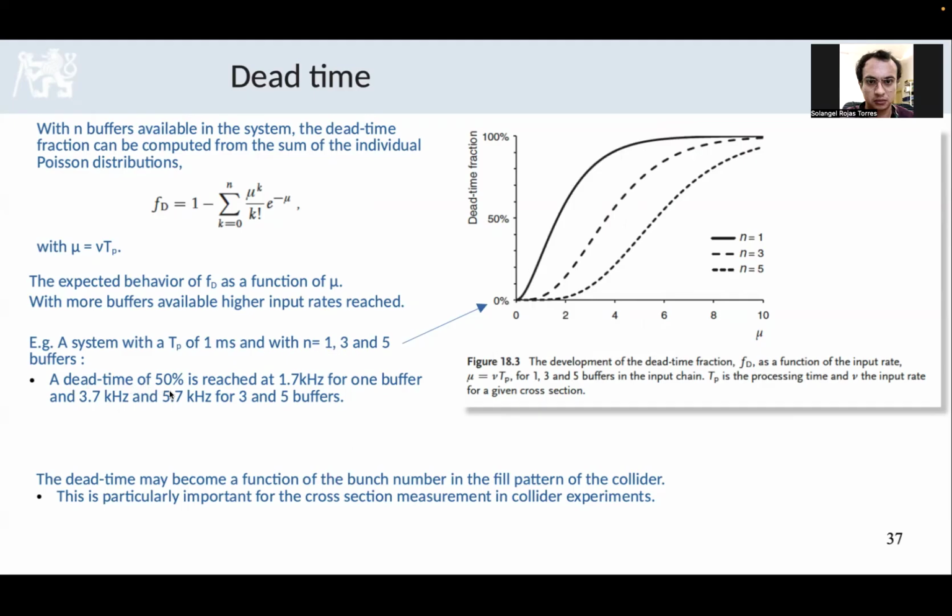The time of 50% is reached at 1.7 kilohertz. From 1 buffer, it increases to 3.7 for 3 buffers, and 5.7 for 5 buffers.